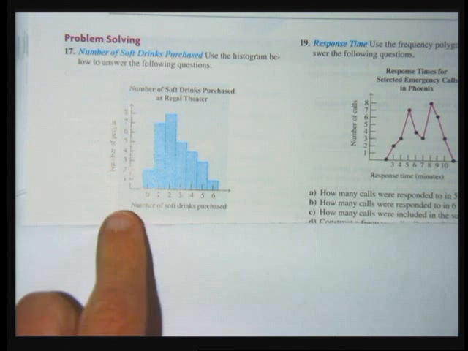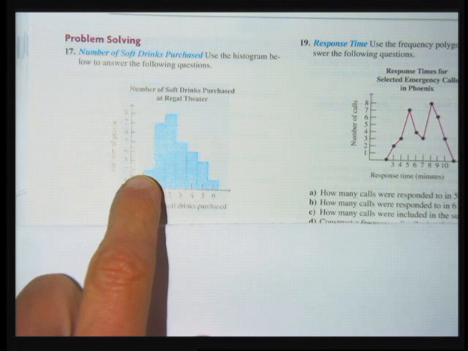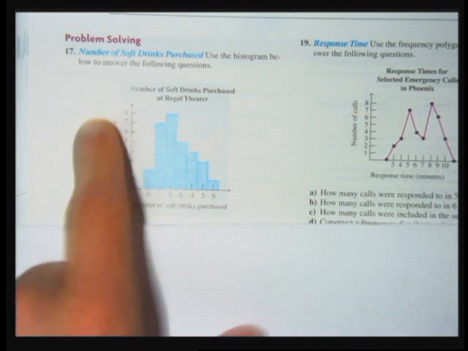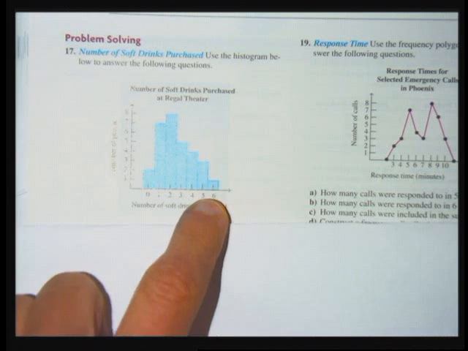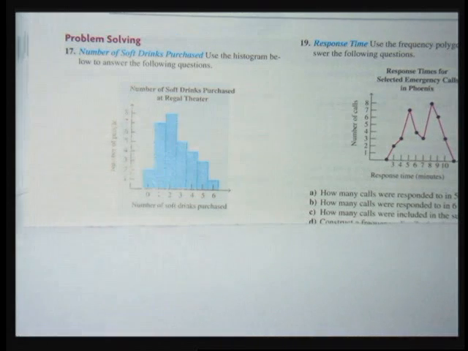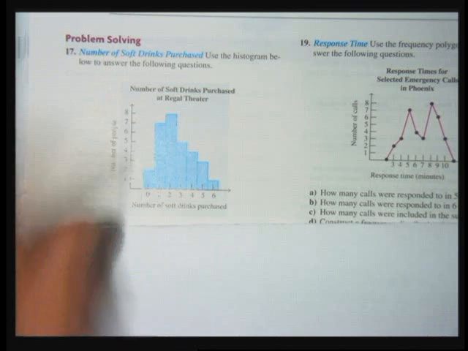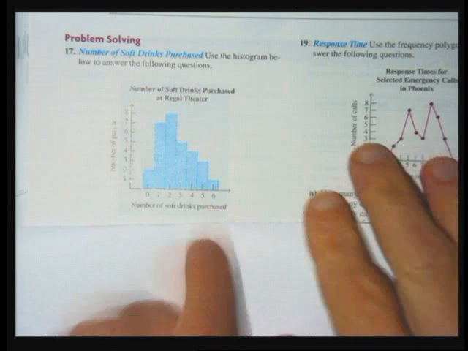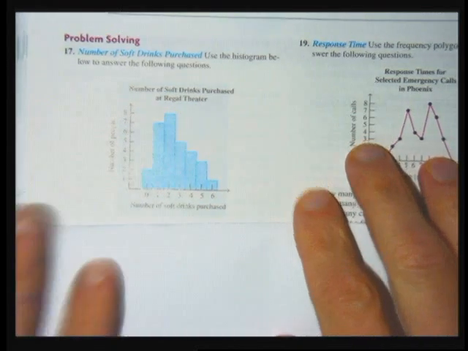Two people didn't purchase any sodas, 7 purchased 1, maybe for themselves, 8 purchased 2, and 1 person purchased 6, maybe they came with a group or have kids. You have to understand what the histogram gives you before you can answer questions.